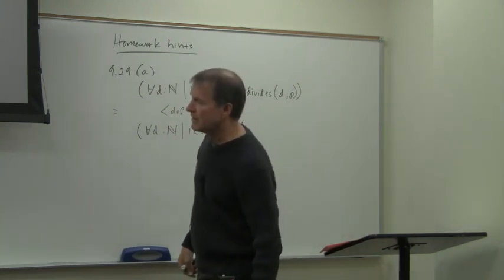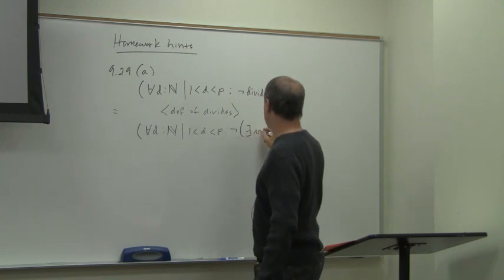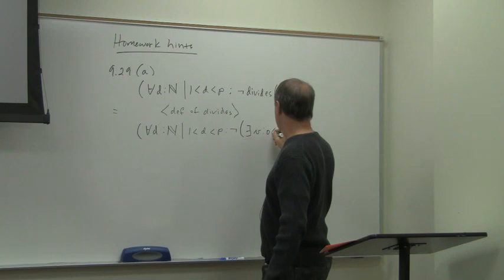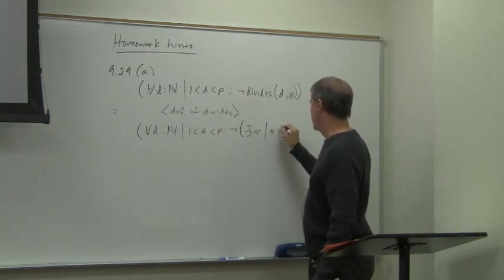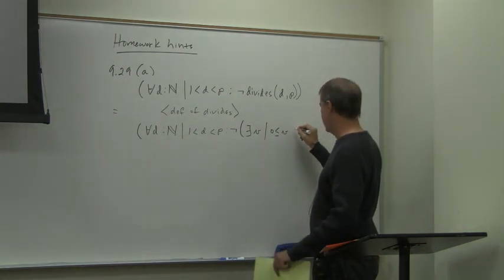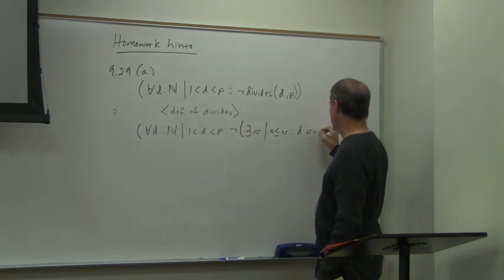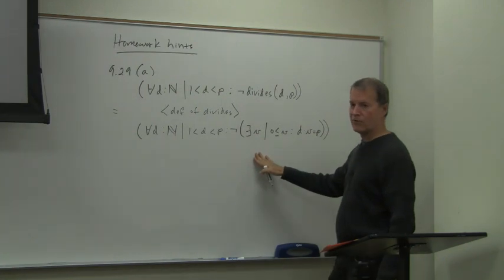There exists a v, range 0 is less than or equal to v, body d times v equals p. So this is what your final answer would be.